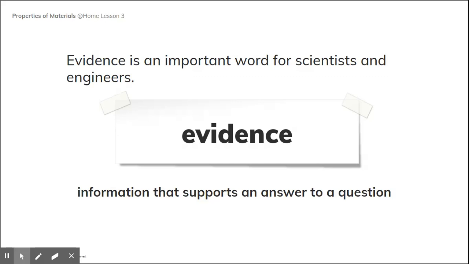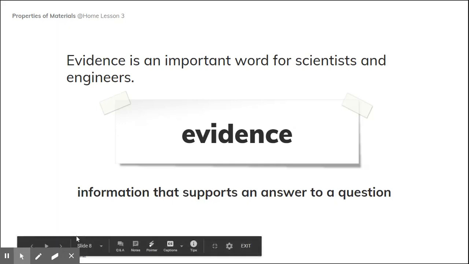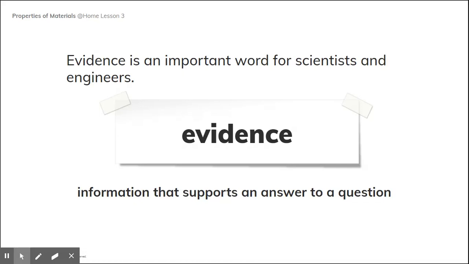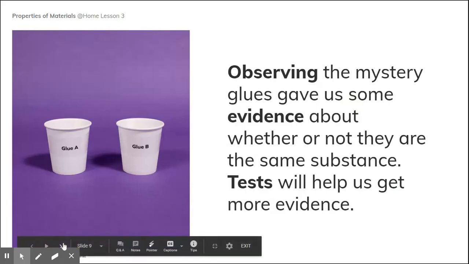How can you prove that based on the text? In math, we use evidence to prove that one answer is correct or incorrect. Evidence is the same thing for scientists. So in order to say that the substances are the same or different, we're going to need to provide evidence.